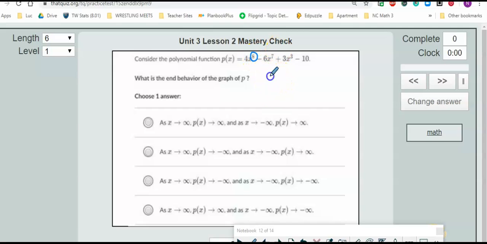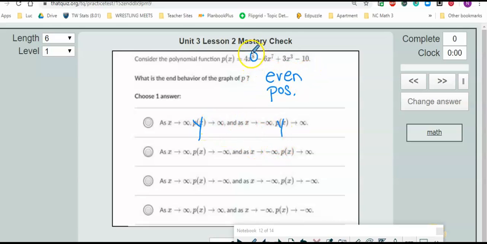So that means it is even and the a value is positive. So this right here is y, where it says p of x, that's just y. Okay, so this is y. So as x approaches positive infinity, y approaches positive infinity. X approaches negative infinity, y approaches positive infinity. So just understand that these are y's right here. Don't worry about it saying p of x.